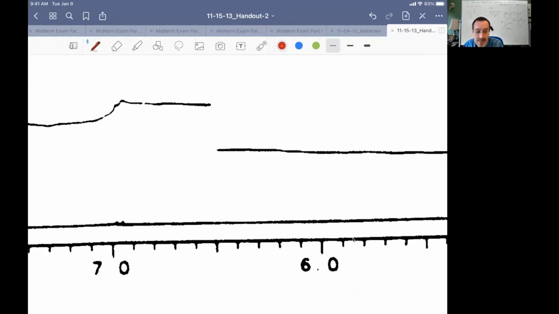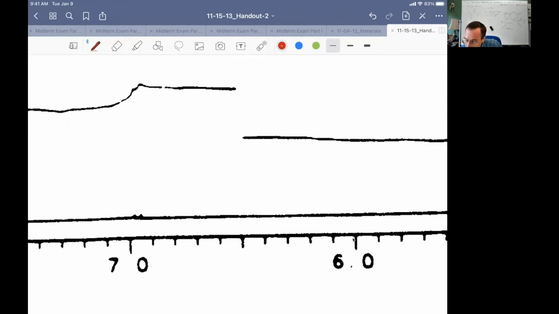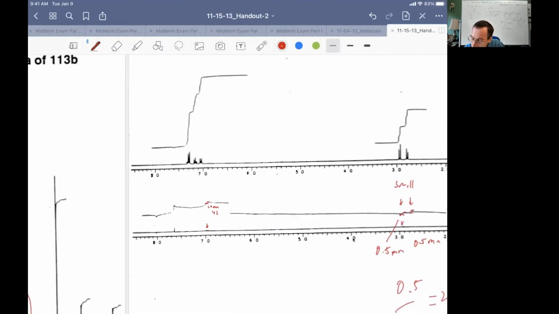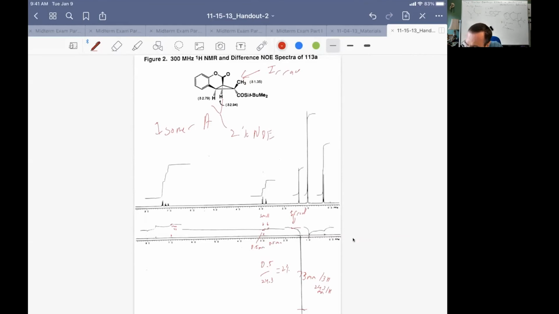So look over here. You see at about 6.95, 6.97 ppm, we get a little something that gives rise to a little blip in the integral here. It works out to about 1.0 millimeters, or about 4%. So if I look at the whispers of that spectrum, that's that ortho hydrogen here.